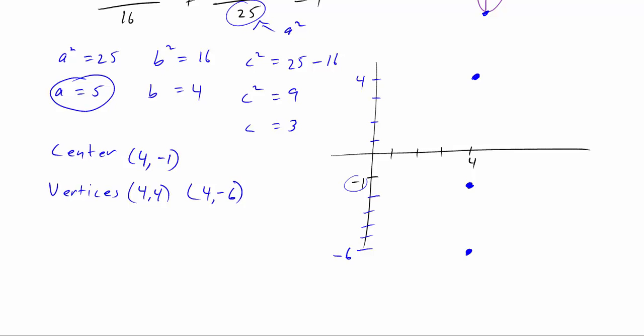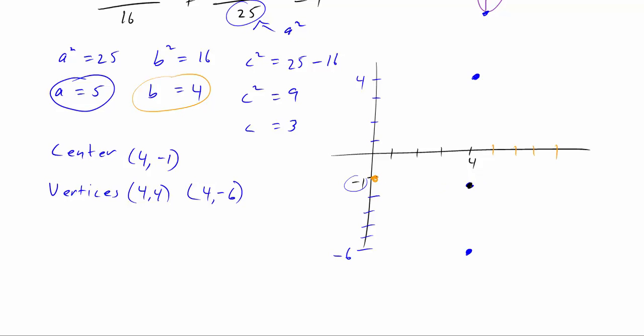All right, so then we could also look at our b value, which is 4, which means we're going to go 4 units. In this case, for the minor axis, we go 4 to the left, so 1, 2, 3, 4 if we count. Obviously, that's not at the origin. We're going from the center here, so we need to count over 4, so that would be here.